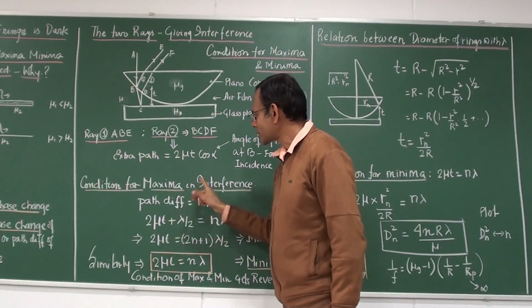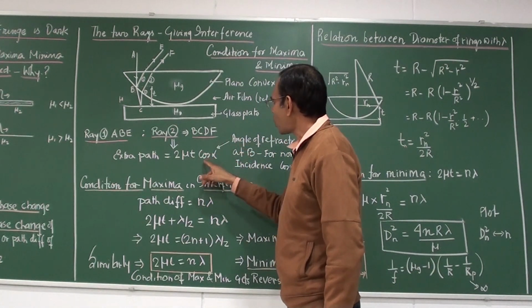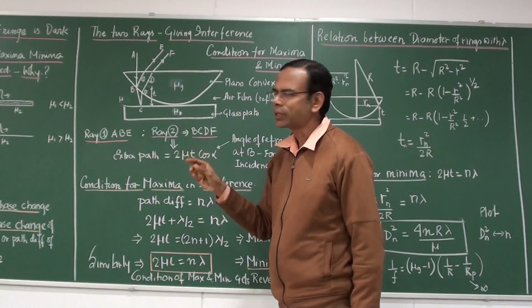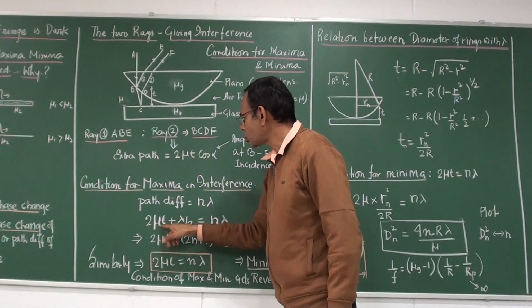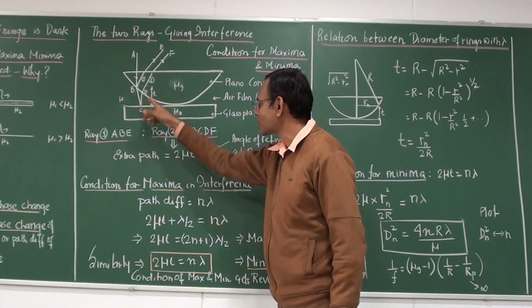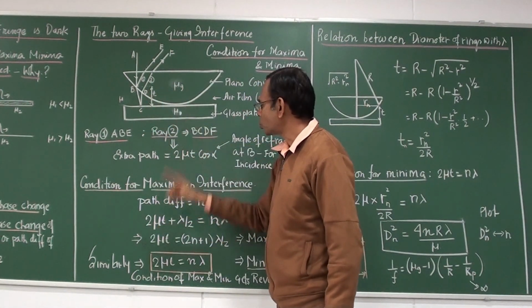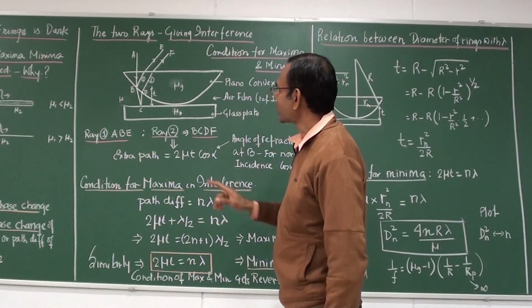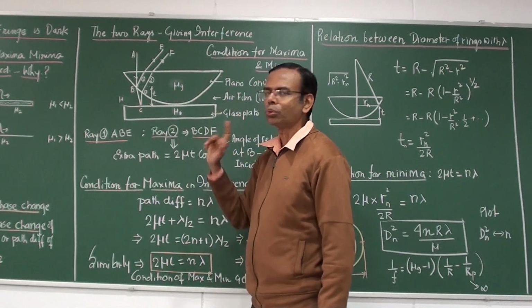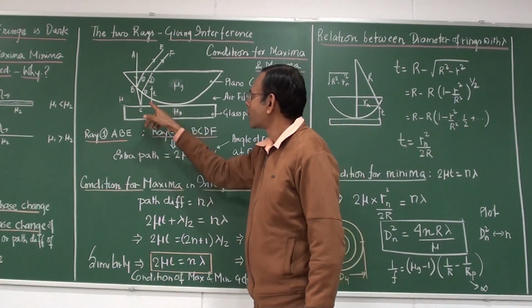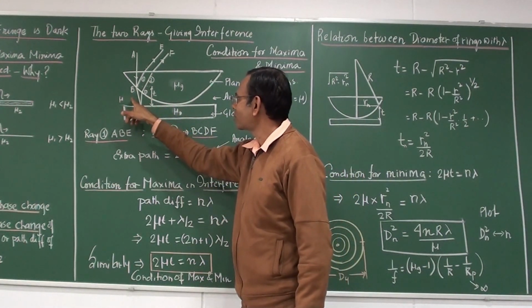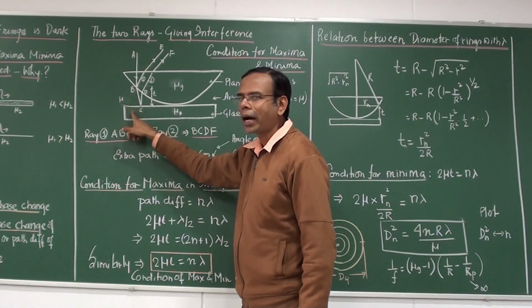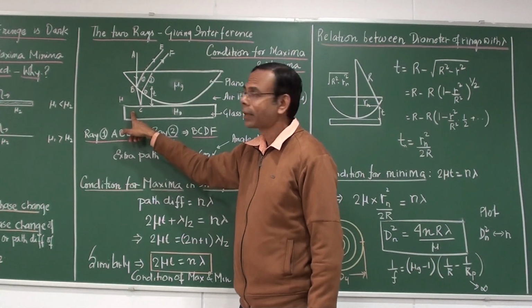So let us see what is the path difference. This cos alpha, we take it as 1, very small angle. So it is 2 mu t. The path difference, extra path travelled by ray 2, is 2 mu t. Plus, now what happens, this particular ray 2 is getting reflected when it is travelling from lower refractive index to higher refractive index.